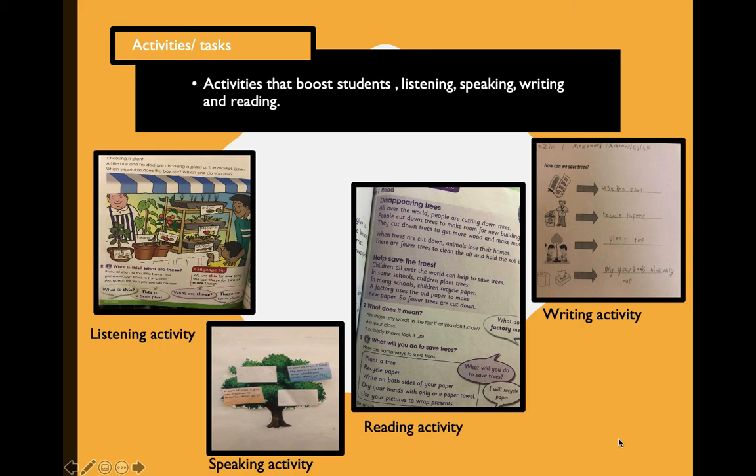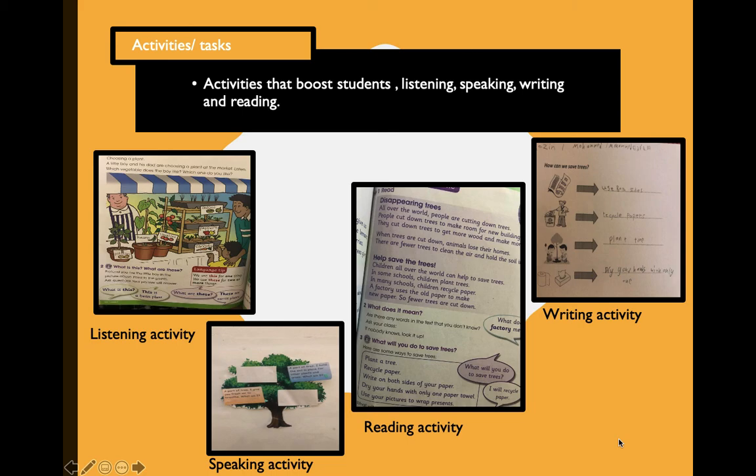Reading activity. Here it's a reading activity in the learner's book. The students read information about trees. Then I asked a question about what they were reading.